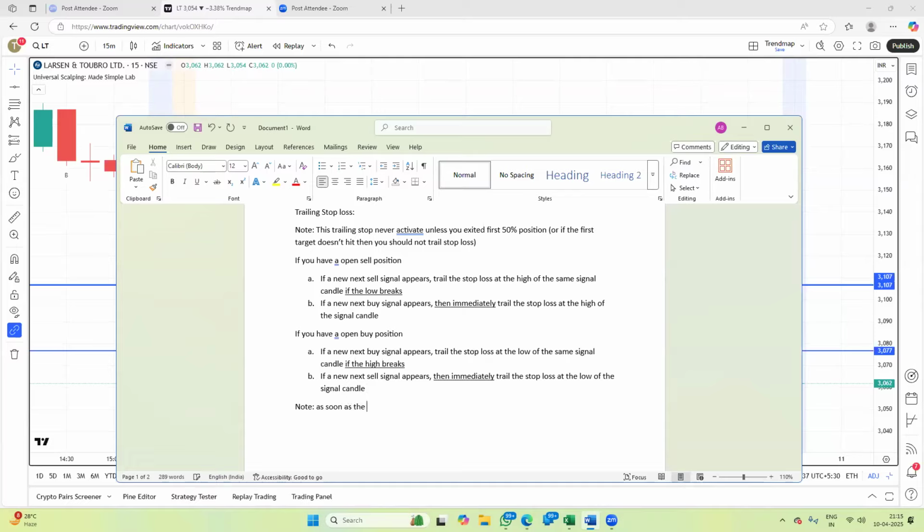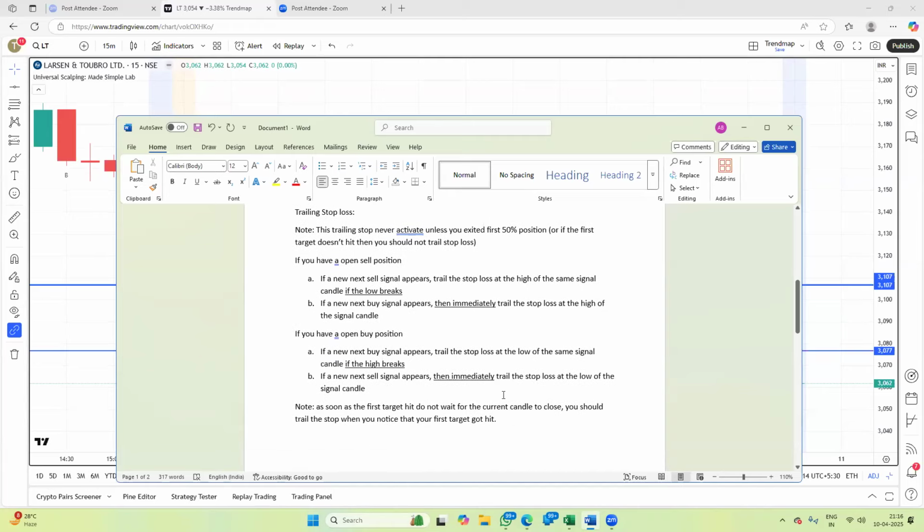As soon as the first target is hit, do not wait for the current candle to close. You should trail the stop when you notice that your first target got hit. I believe that was your question, right?